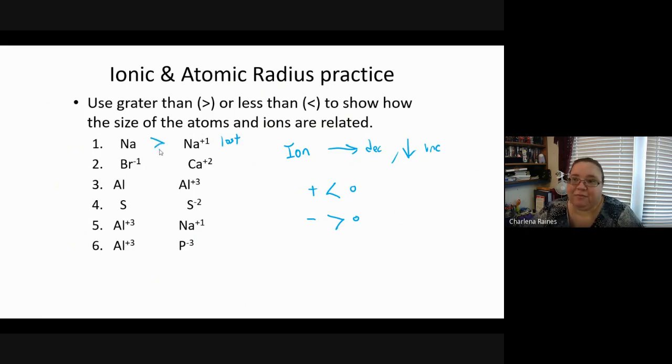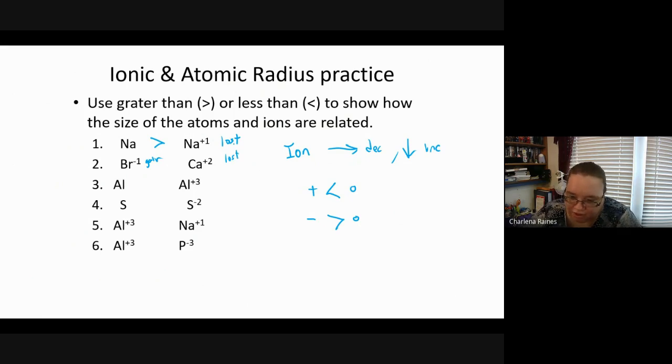For 2, I've got bromine and calcium, so I can't really look at the charges. That means I'm going to find them on the table. And it'd help if I looked at the real periodic table. Notice that bromine has added that 1 electron. Calcium has lost 2 electrons.